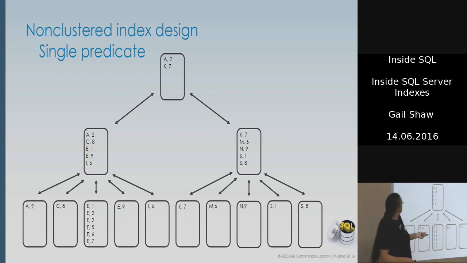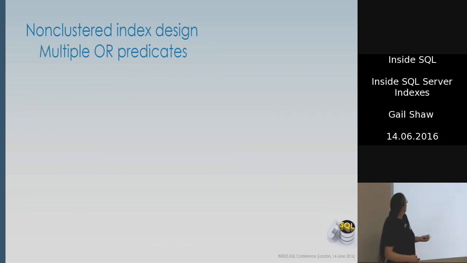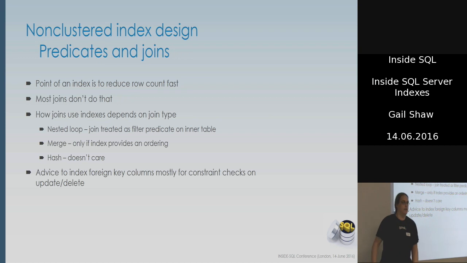For a nested loop, if I was filtering on column 2 and joining on column 1, the join to the inner table, it's a filter on the where clause predicate and the join predicate, and it wouldn't matter which order my columns are in. For a merge join, it matters very, very much. And a hash join couldn't care less.